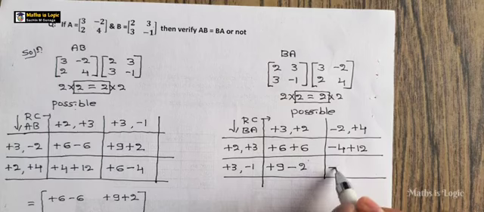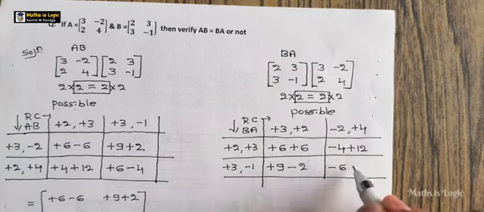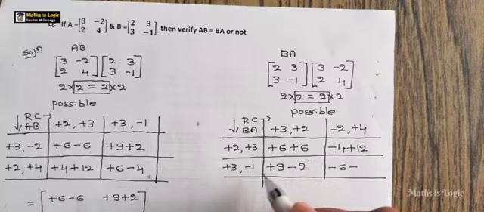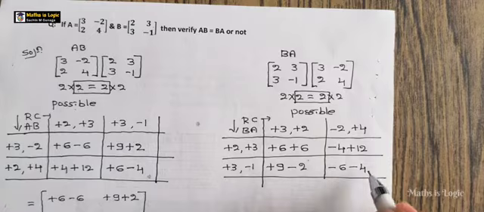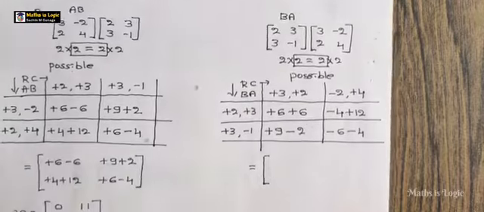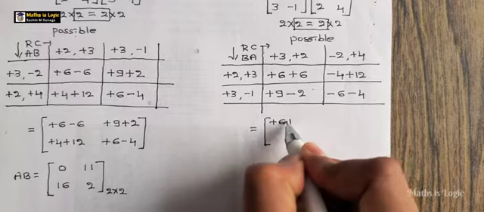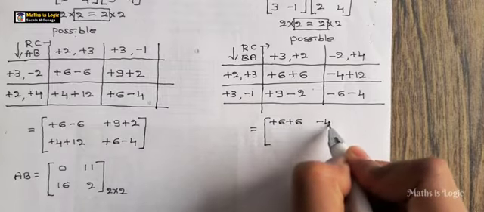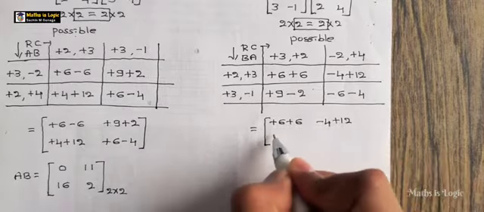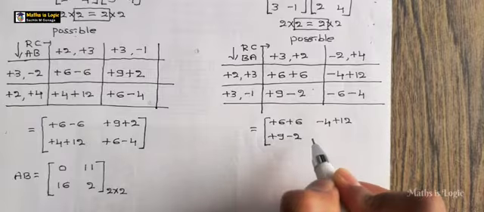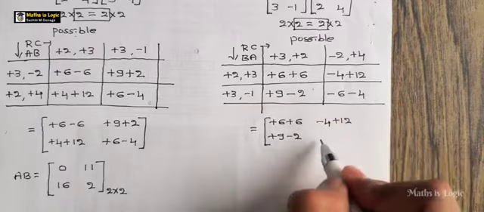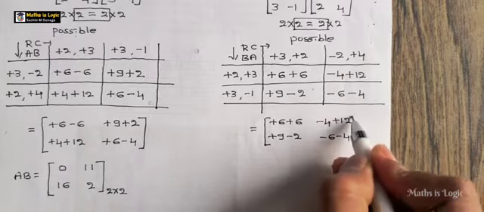Plus into minus is minus 3 into 2, 6. Minus into plus, minus 1 into 4 is 4. Therefore, in matrix form, rewrite plus 6 plus 6, minus 4 plus 12, plus 9 minus 2, and minus 6 minus 4.